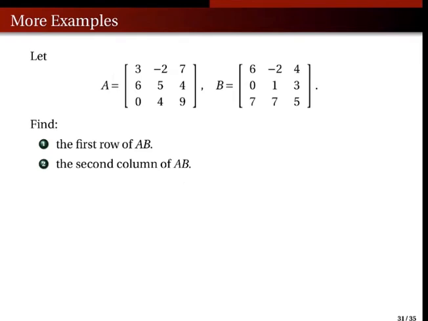So here, let us write that. For number 1, you have your AB, and we only need the first row.